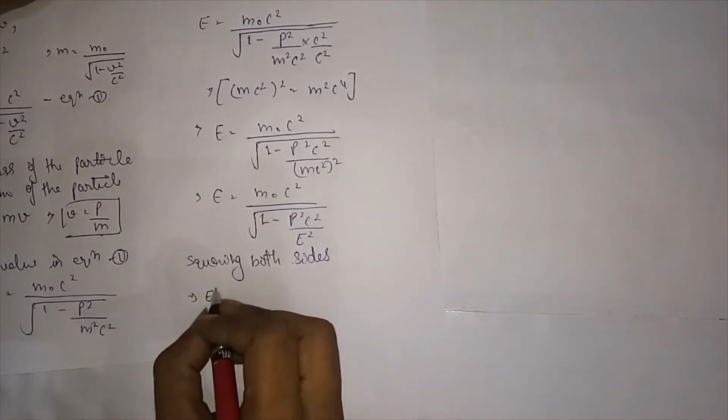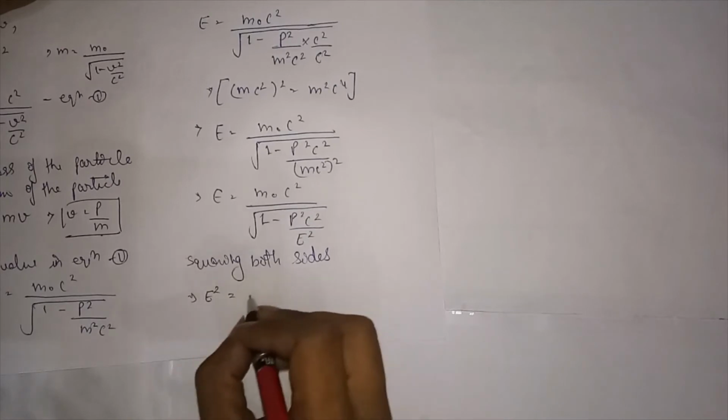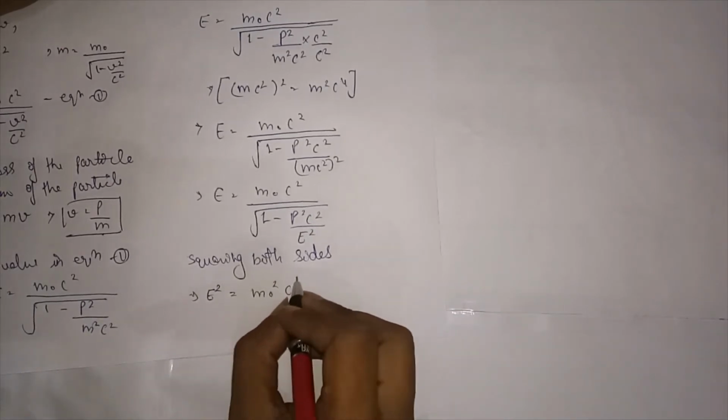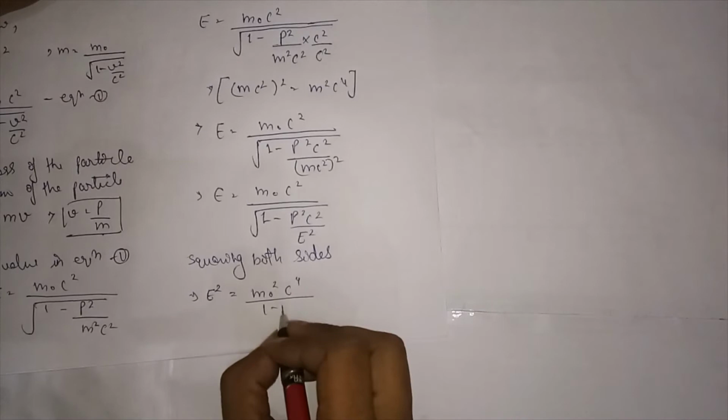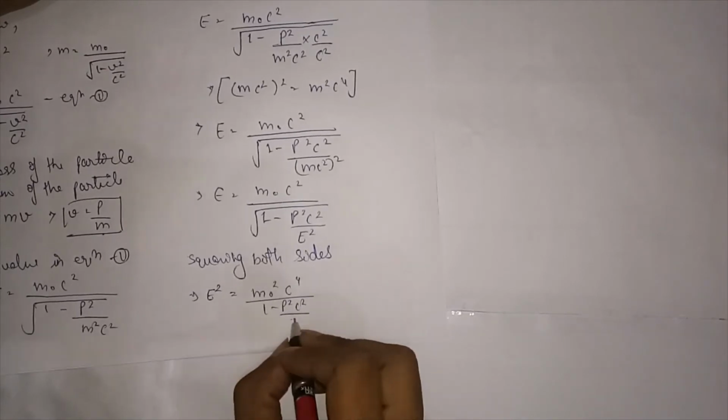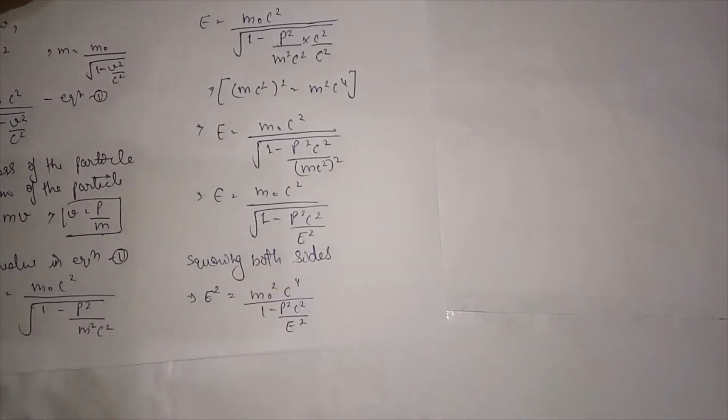we get E square equal to m naught square c to the power 4 upon 1 minus p square c square upon E square.